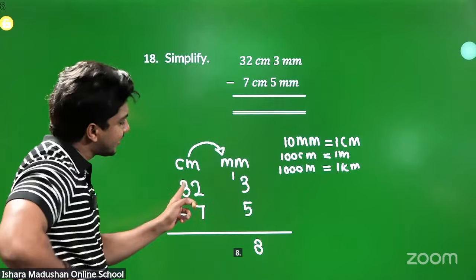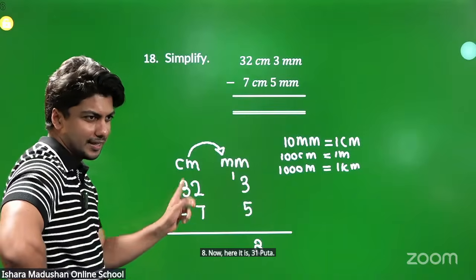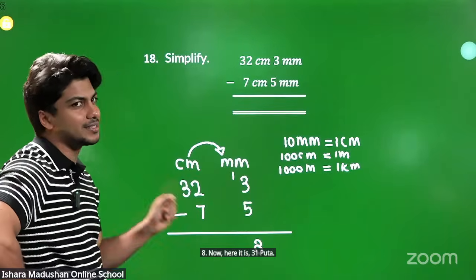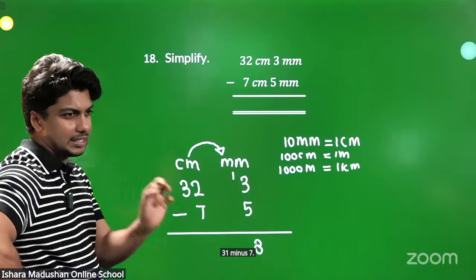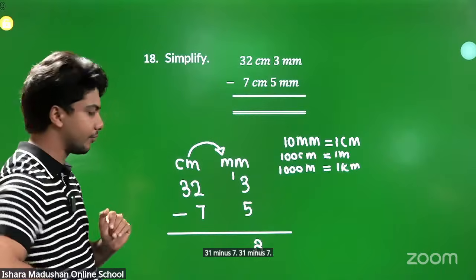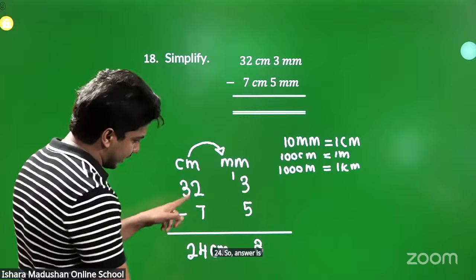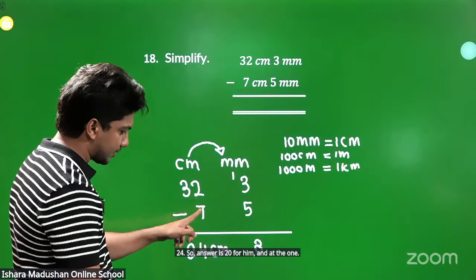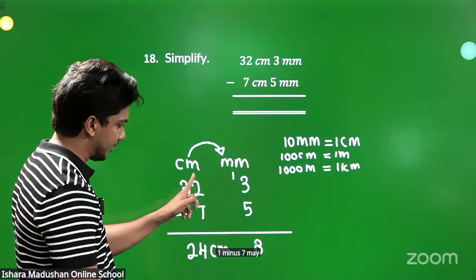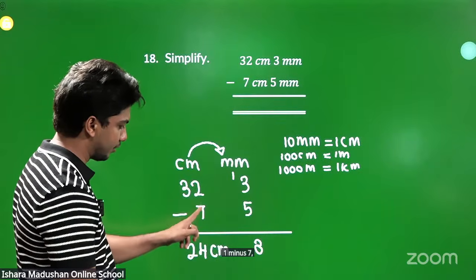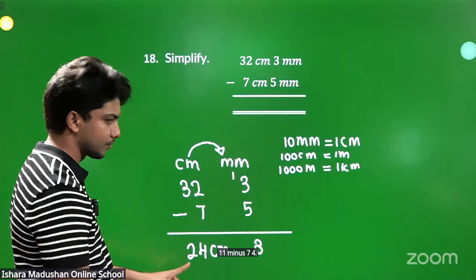Now here it is 31, Putha. 31 minus 7, 24. So answer is 24. Alternatively, here it is 1. 1 minus 7 can't be done, so we borrowed one from this one. That becomes 10, and 10 plus 1 is 11. 11 minus 7, 4. Here it is 2.